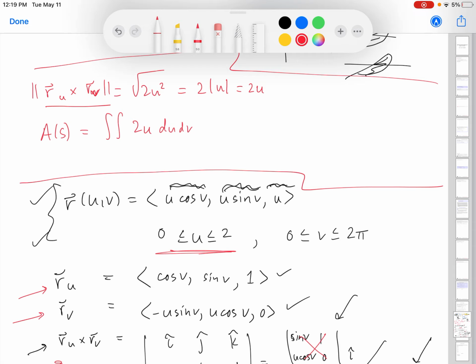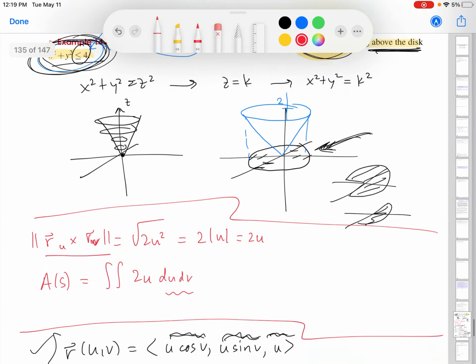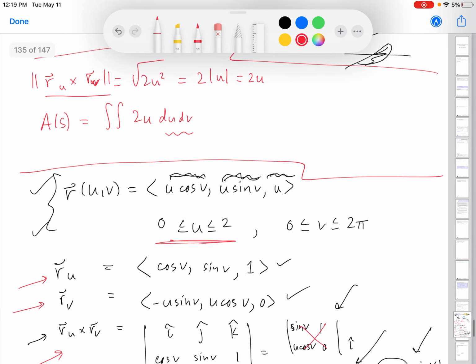And then I have to figure out my region of integration. Well, this is the region that I now go to the UV plane to look at. Here we go. x equals u cosine v and y equals u sine v.